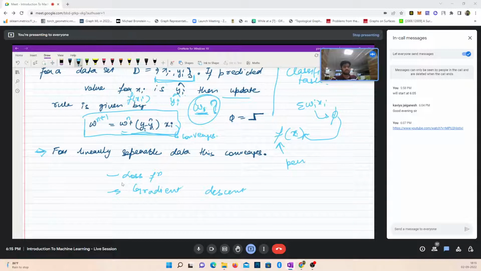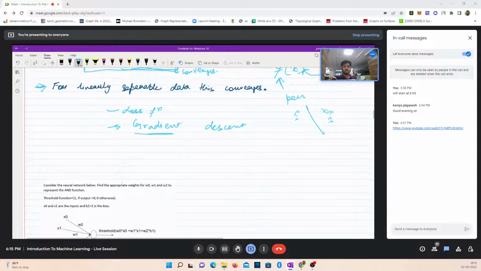Then you would converge to some line that separates linearly separable data points. But here, it is much simpler to compute this rather than computing gradients. So by much simpler computation, we are able to achieve the same performance.